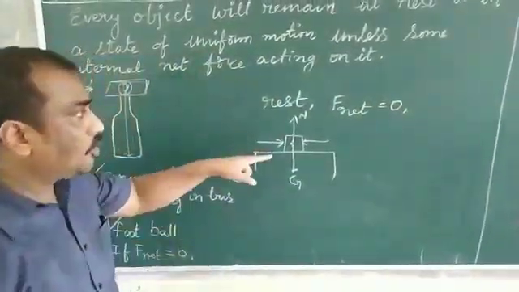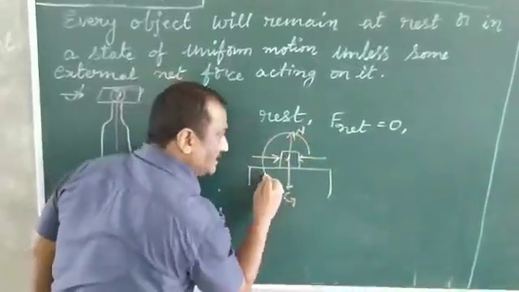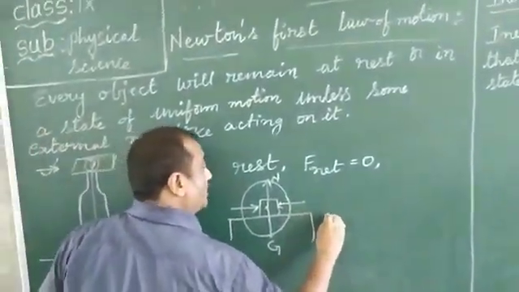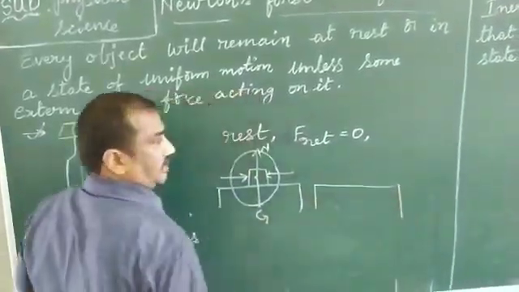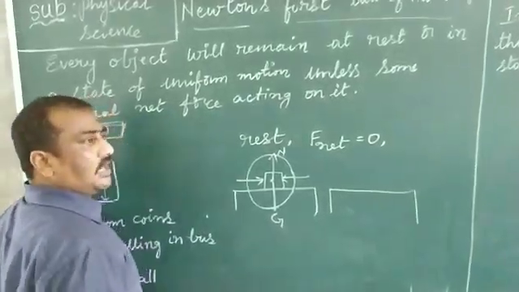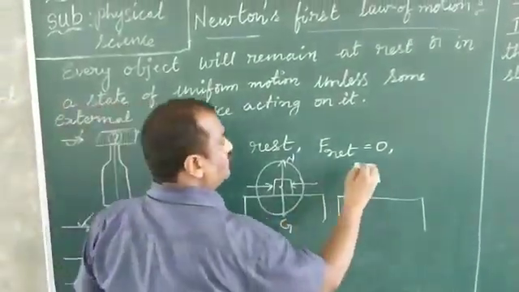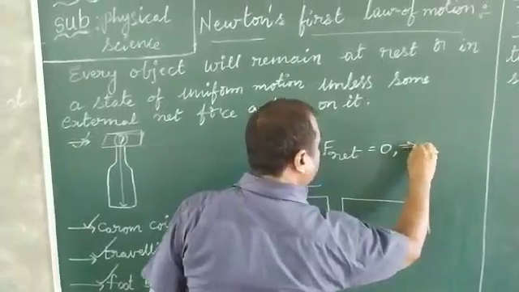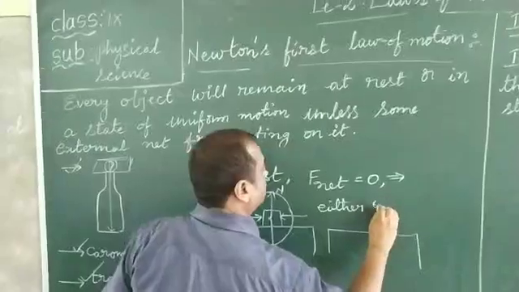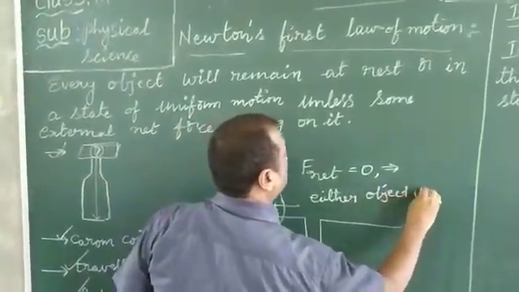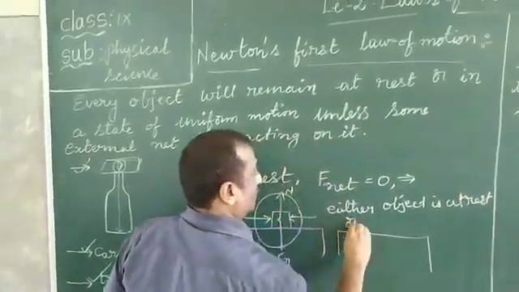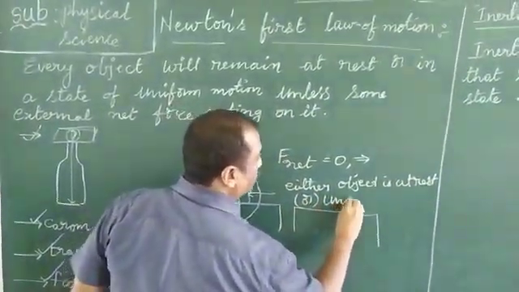So, F net is 0 means either the object is at rest or the object is in uniform motion. If an object is moving in uniform motion, in that case also, F net is 0. So we have to say that if F net is 0, either the object is at rest or in uniform motion.